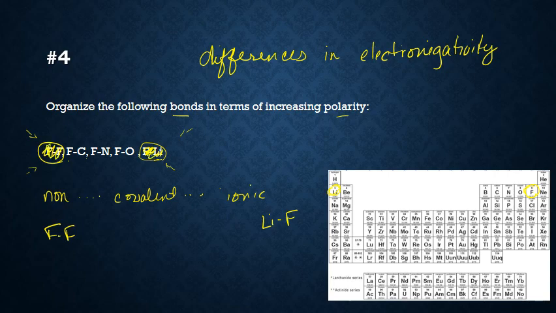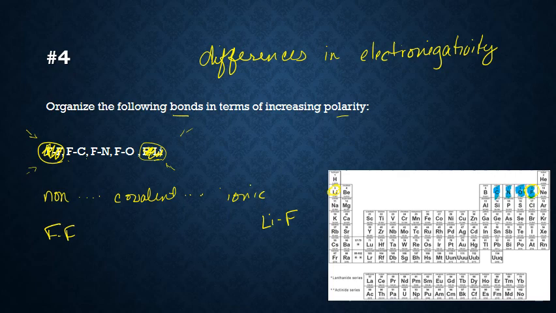All right, now where do we want to look next? These are all with fluorine, so it can't be that big of a deal. Well, let's see. They're all going to be with fluorine: carbon, nitrogen, and oxygen. Okay, so out of those, who would have the smallest difference in electronegativity?